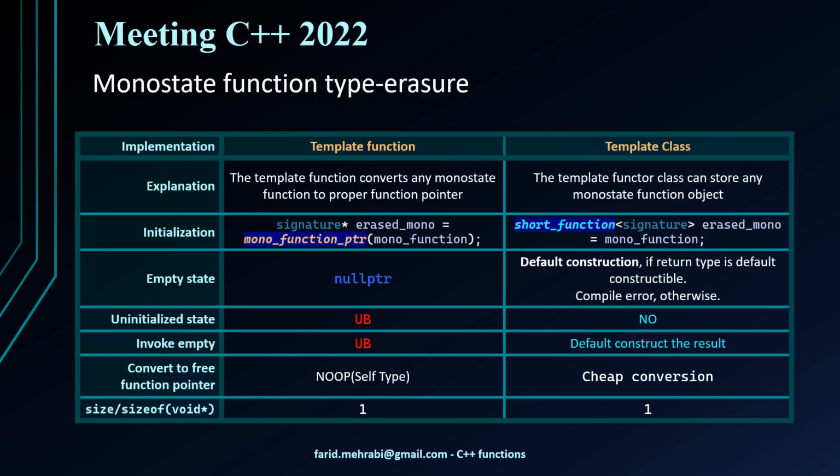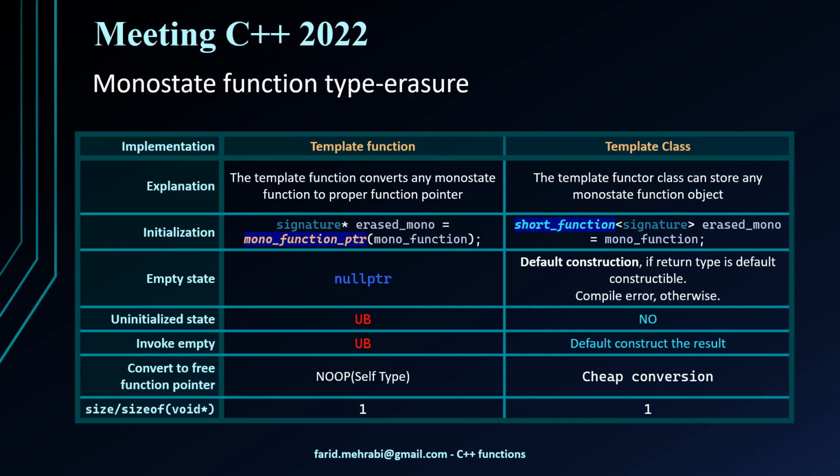And we can have this class default construct the resulting value in case of a call to an empty function object. That is, if the short function is default constructed and is in the empty state, and an invocation request comes, the short function can return a default constructed value.